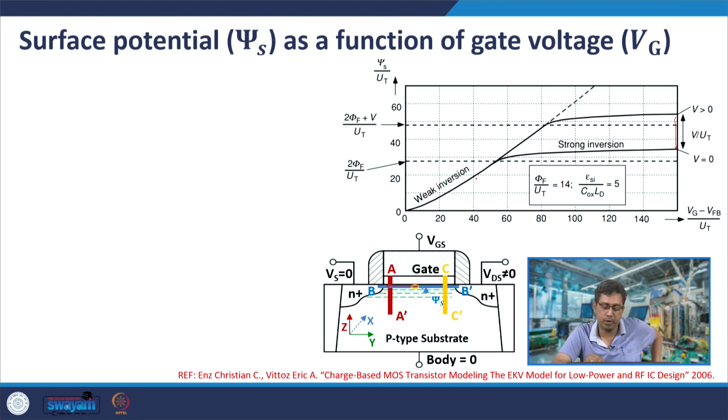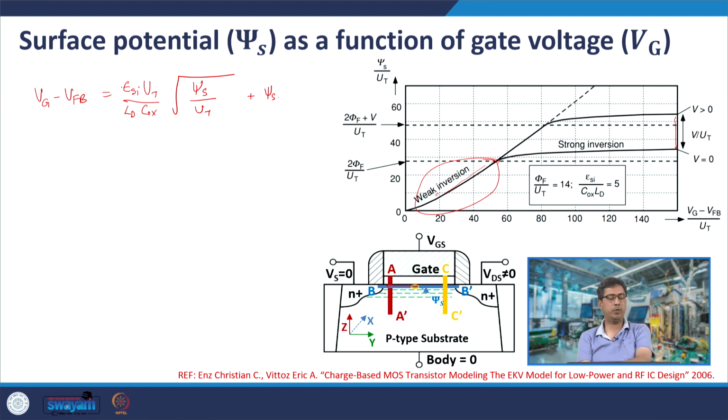The surface potential would keep on increasing almost linearly with gate voltage. So, let us write down in this region what the expression would look like. Vg minus Vfb looks like almost a square law relationship. So in this region which is encircled, you find that it is almost a square law relation.